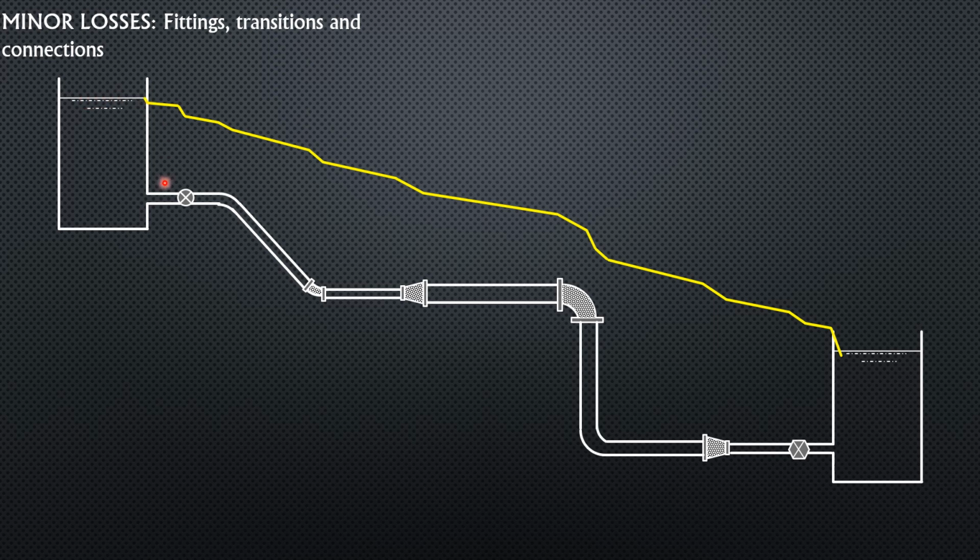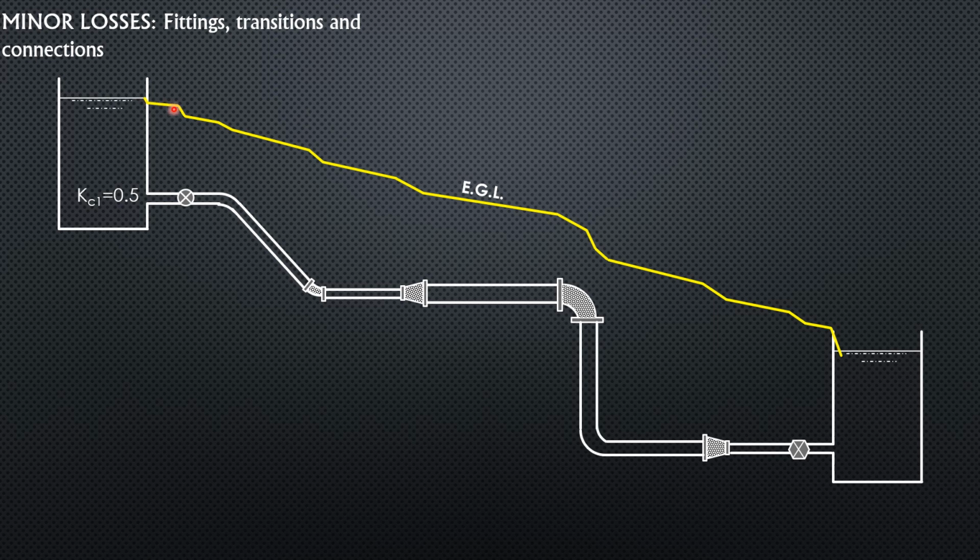It drops a little because of the presence of this pipe entrance, which is 0.5 of whatever velocity head there is in this pipe. Then between this entrance and this valve here, it continues to slope downward because there is a length of pipe and there is frictional loss there.